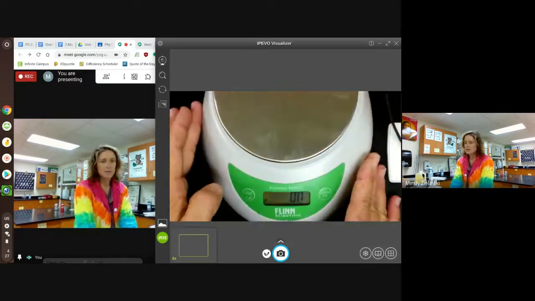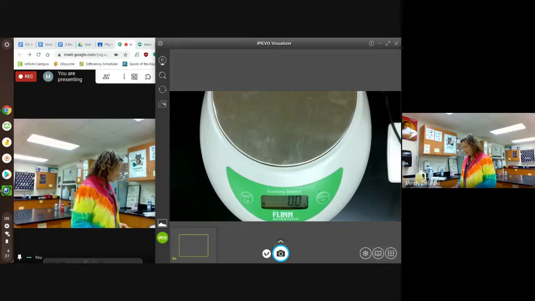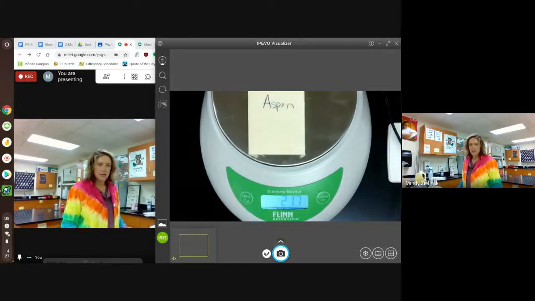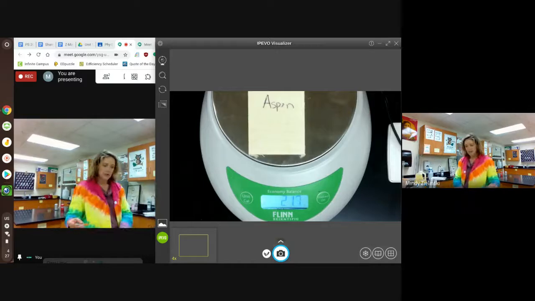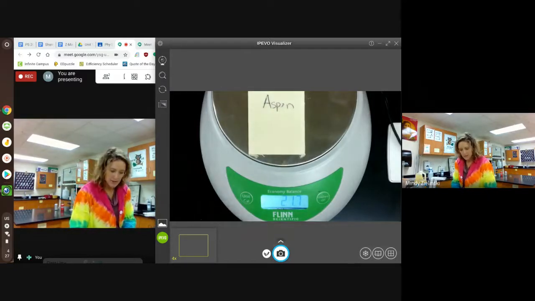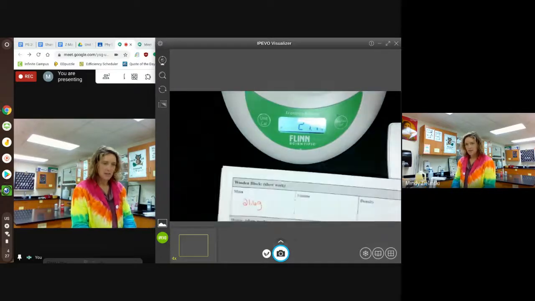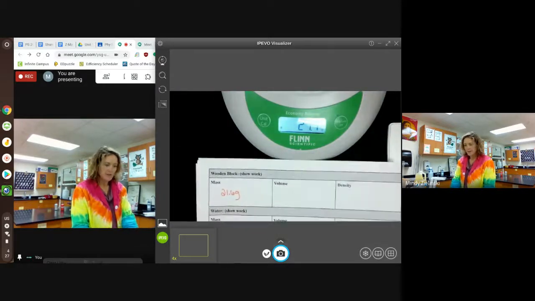And we are going to put this wooden block on here. So placing the wooden block on, if we look at the mass, that says 21, and I think we'll say 21.6 grams. So I want to transfer that 21.6 grams onto my sheet of paper by the wooden block.